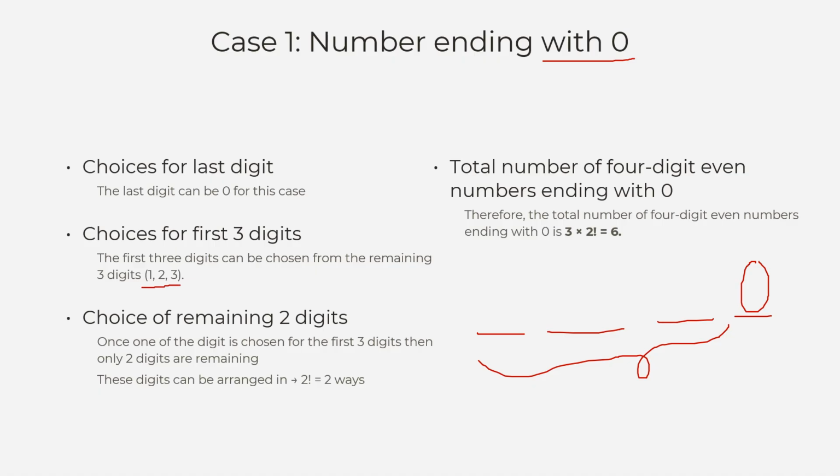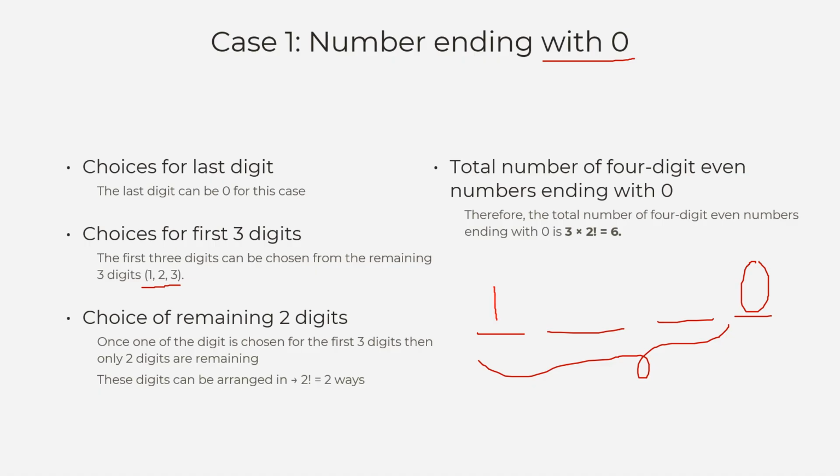Out of these 3, if one of the digits is chosen for the first place, then that digit cannot appear in the second and third digit place. For example, if I choose 1 as the first digit, then I am left with 2 and 3 only.